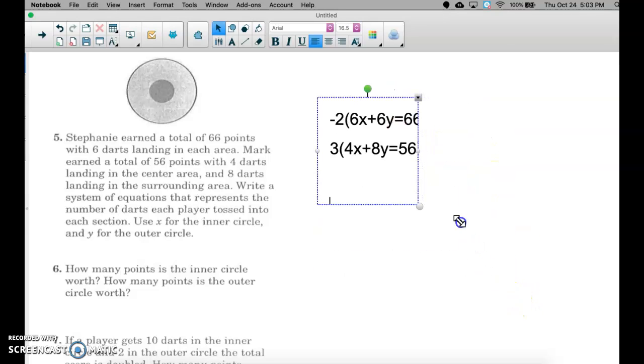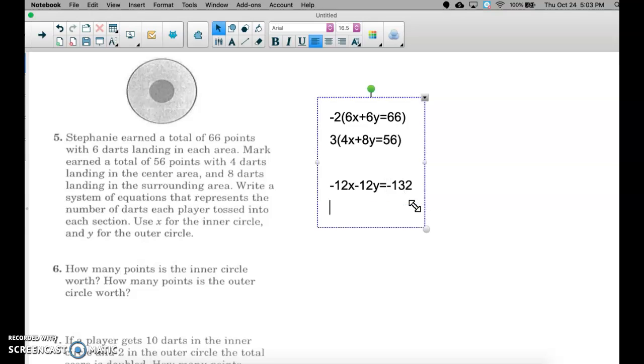When I simplify those, I get negative 2 times 6x, I get negative 12x, negative 12y, and then 66 times negative 2 is negative 132. In the bottom, I get 12x plus 24y equals 56 times 3, which is 168.